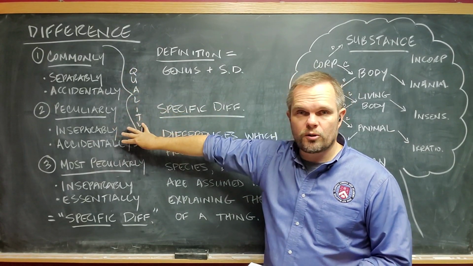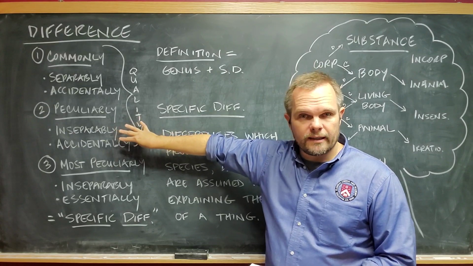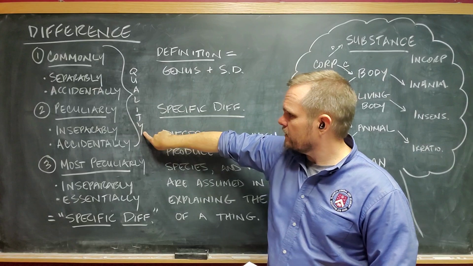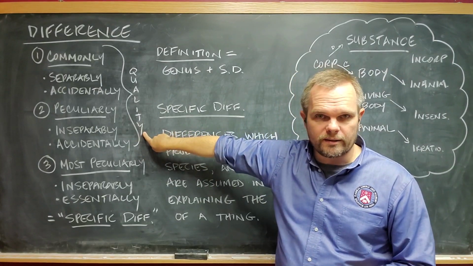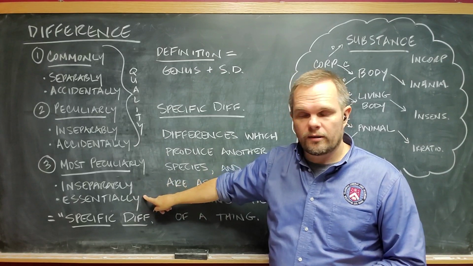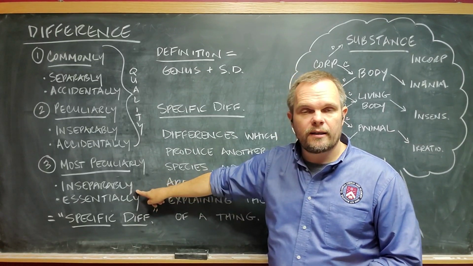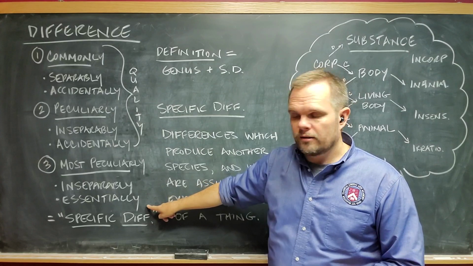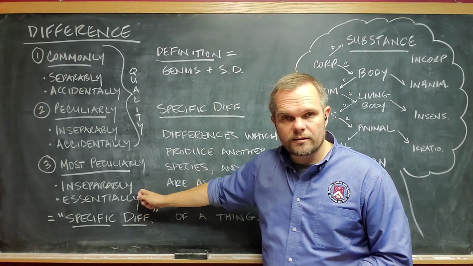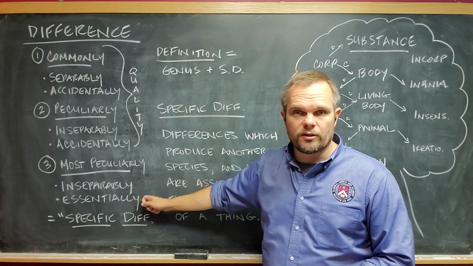It's used peculiarly with inseparable accidents, both of which simply identify qualities. But it's used in a 3rd way. It's used inseparably and essentially to identify specific differences. This is our desired definition.